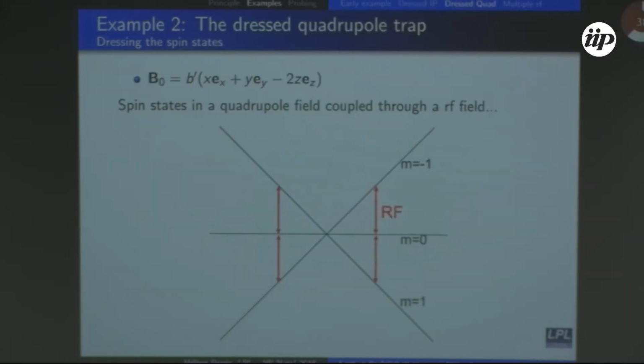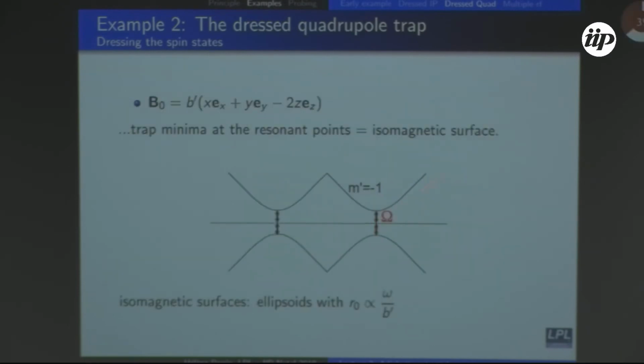All right, so now let me consider the dressed quadrupole trap. Now it's the very simple trap I introduced in the beginning with just two coils with opposite currents. And you couple the spin states with the radio frequency, which means that you will have the atoms confined again at an isomagnetic surface.